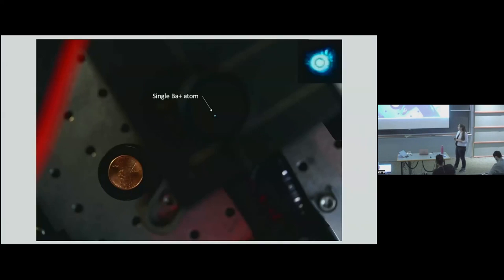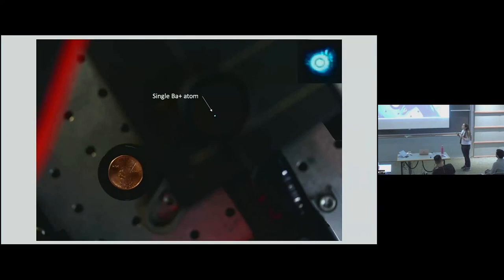Just to start with what I think is a super cool image. This picture was taken with a cell phone camera and a small microscope. If you look with your eyes, you can see this single barium atom that's fluorescing at 493 nanometers, which is right in the peak sensitivity of your eye. This is just a zoomed in version of this dot here.